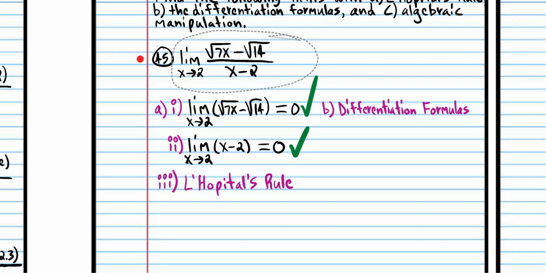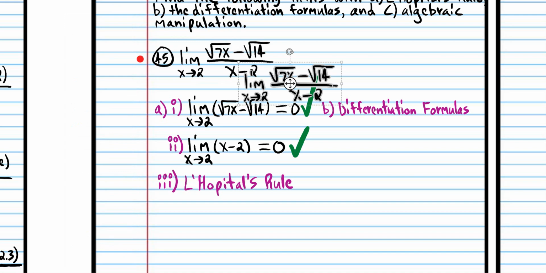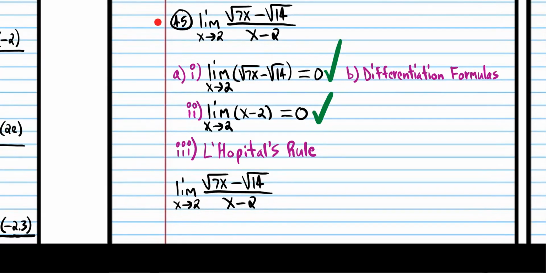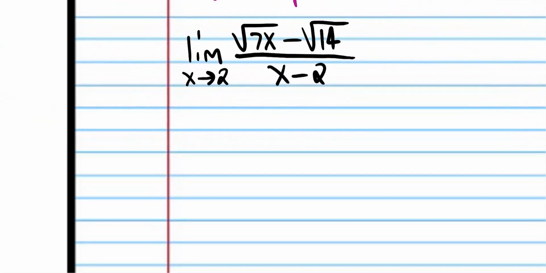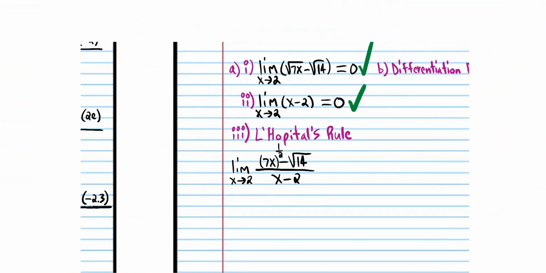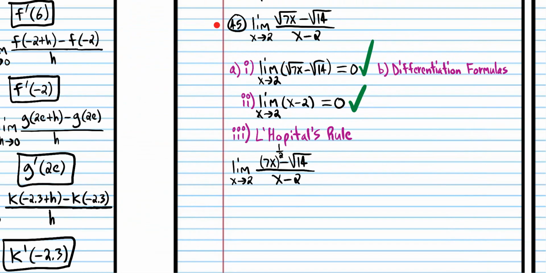So remember, L'Hopital's rule tells us to find the derivative of the numerator and the derivative of the denominator. So I'm going to rewrite the limit. And I'm going to rewrite this expression as 7x to the 1/2, because it's easier to find the derivative when we have powers, right? So I rewrote that.